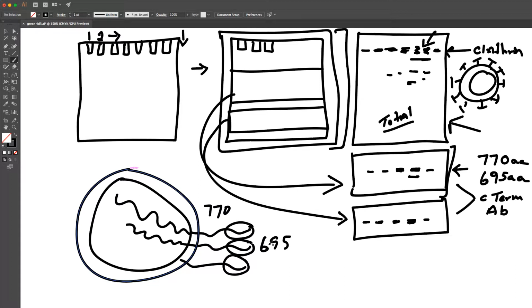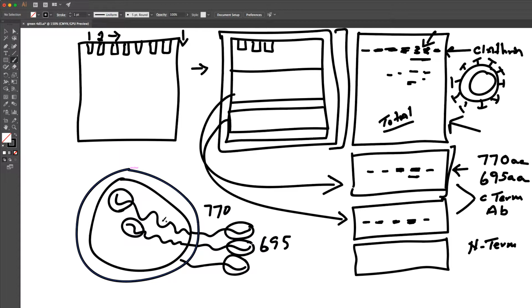Then it turns out that they do another Western blot, but this time they use an N-terminal antibody rather than a C-terminal antibody, which recognizes this region on both of these.